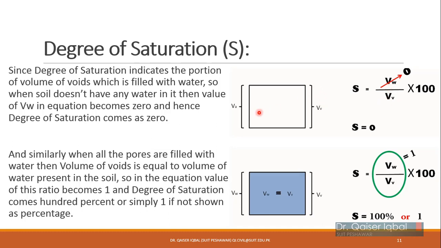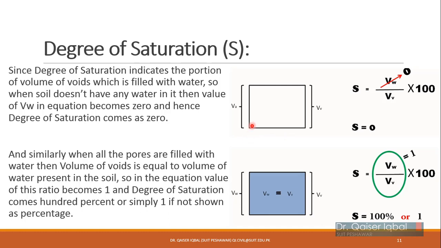Remember that volume of water is basically a portion of the volume of voids, or all of it. So if you have voids, the voids portion, and you've got the solid portion, then you've got the voids portion. If the voids portion is completely filled with air, then it means that the volume of water is 0.